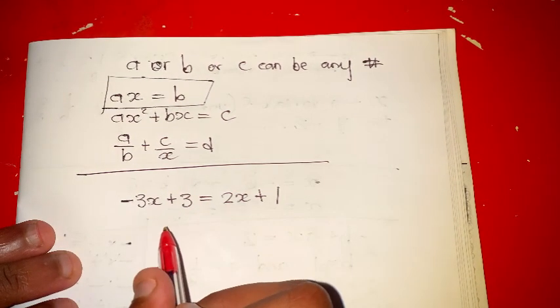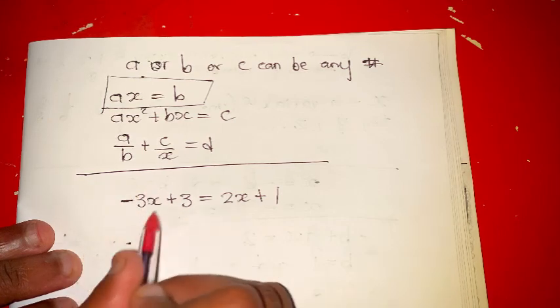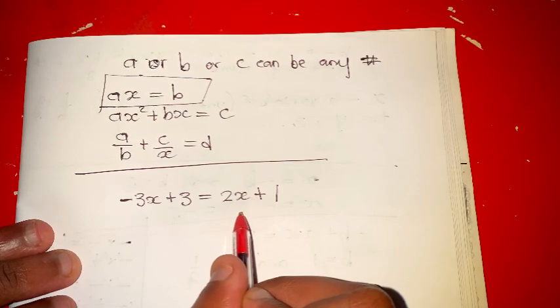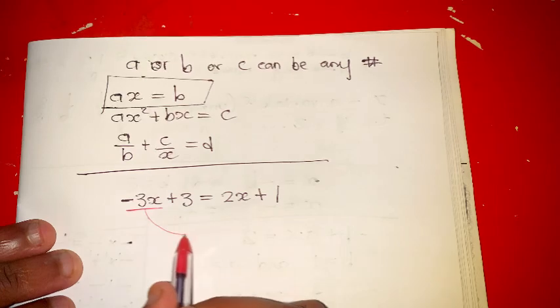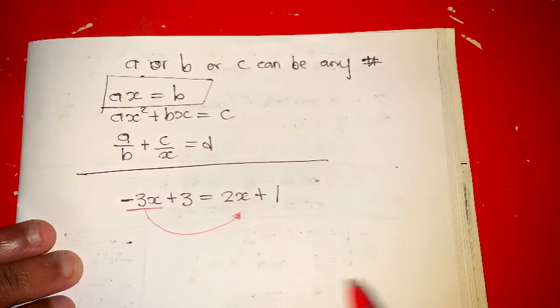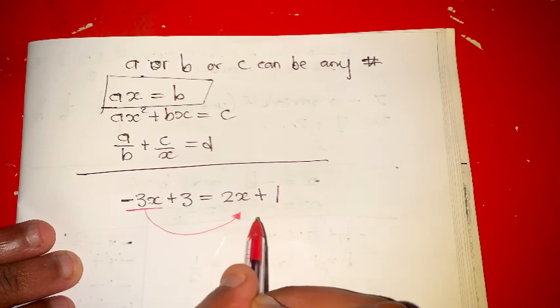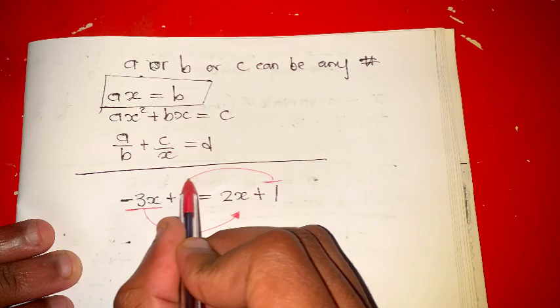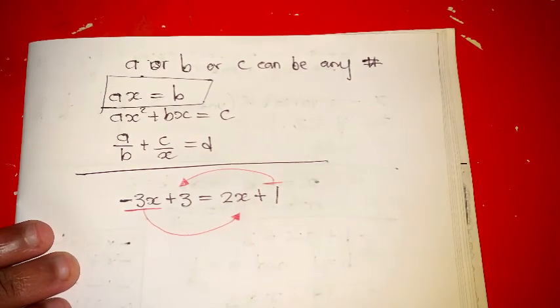So, but normally I like to take the x's, whatever I'm trying to solve, to the side where it will give me a positive. For example, if you take 3x to the other side, it will be positive. But when you're taking 3x, you're saying that all the other things that you don't want as x should go to the other side. So this will be negative and this will be positive.